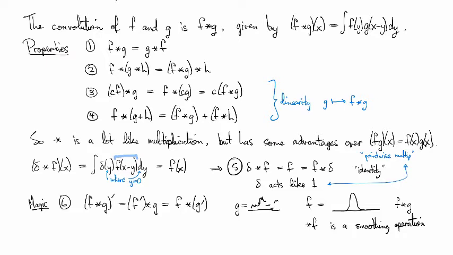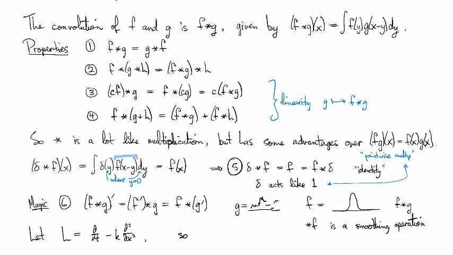But for our purposes, we're going to be looking at differential equations. So say L is a differential operator. Like say L is partial with respect to t minus k times second partial with respect to x, or something like that.